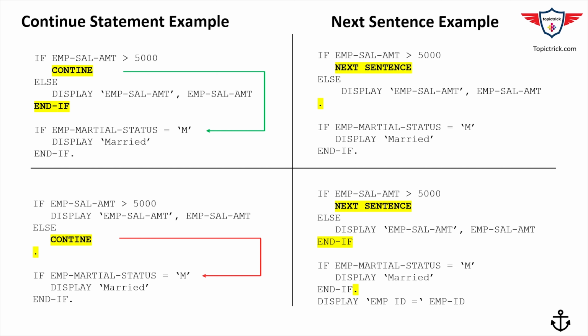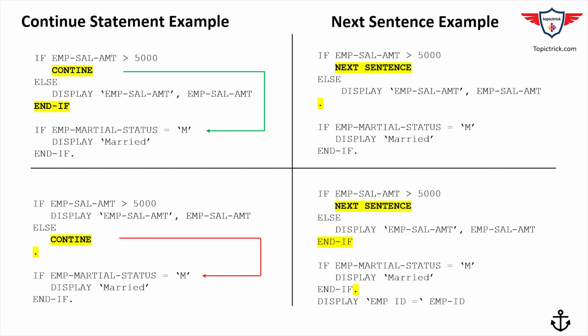So first thing I can do is simply put an end-if to terminate my condition, or maybe a period. But just for the explanation perspective, I've included a continue statement. It's actually not doing anything. It simply passes control to the next executable statement, that is the next condition where I'm checking the marital status of a customer.